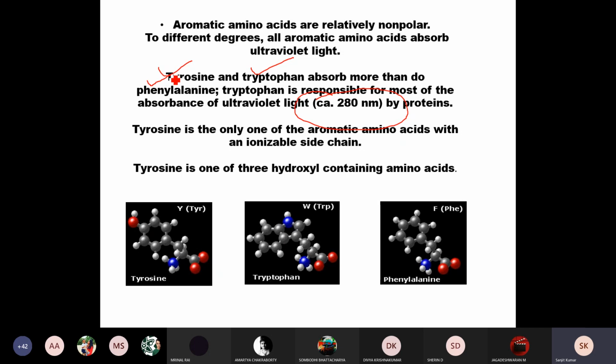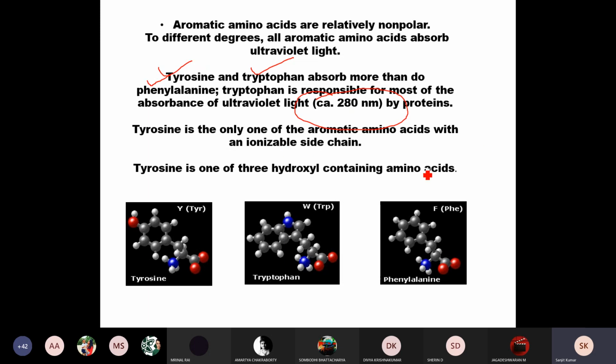So if somebody asks you why we are taking OD at 280 nanometers, the reason is that tyrosine and tryptophan absorb more than phenylalanine. Tryptophan is responsible for most of the absorbance of ultraviolet light by protein.